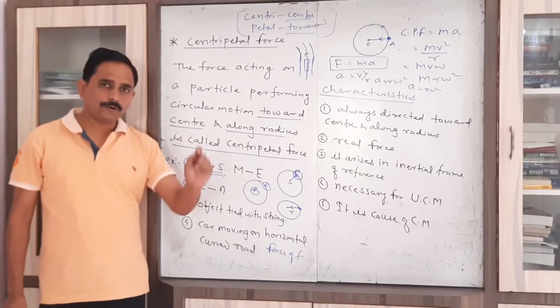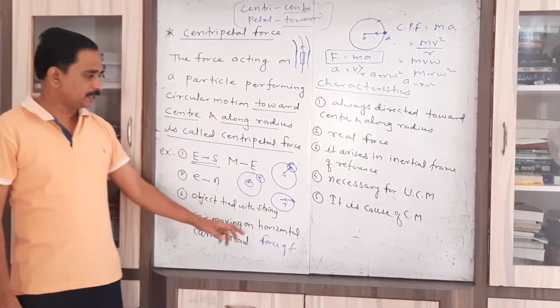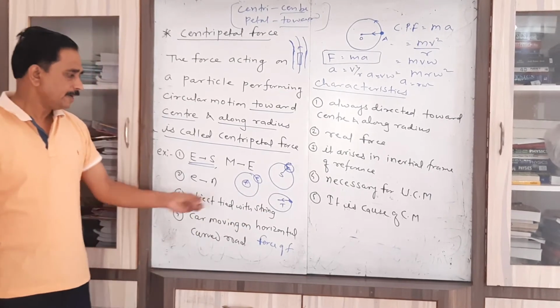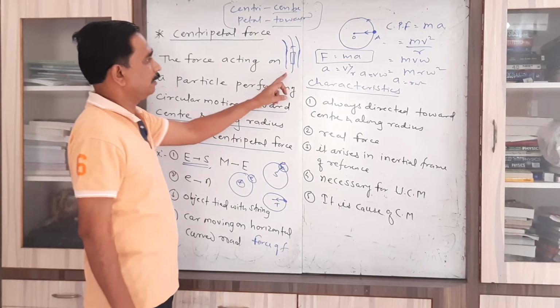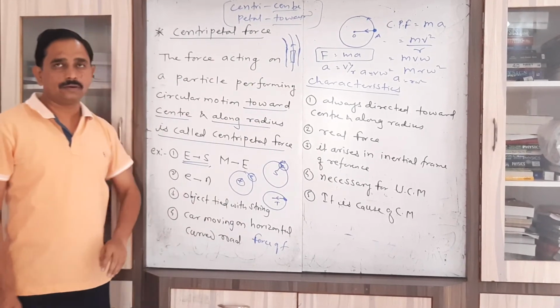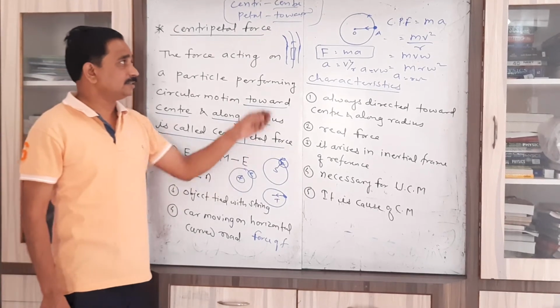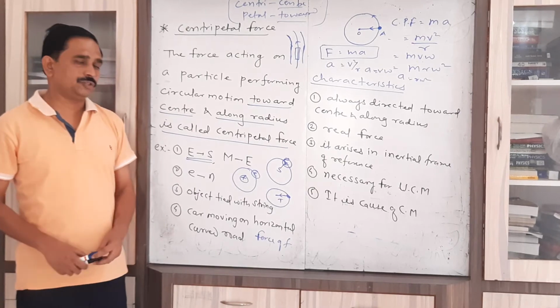For an object tied with the help of a string and revolved in a horizontal circle, the necessary centripetal force is given by the tension in the string. For any vehicle, that is a four-wheeler, moving along a horizontal curved road, the necessary centripetal force is given by the force of friction.